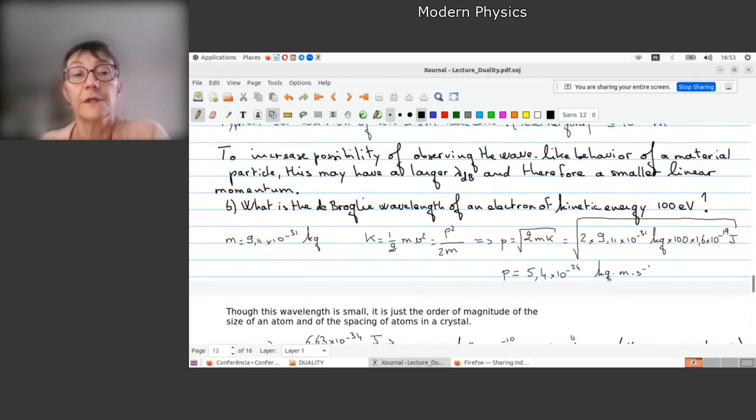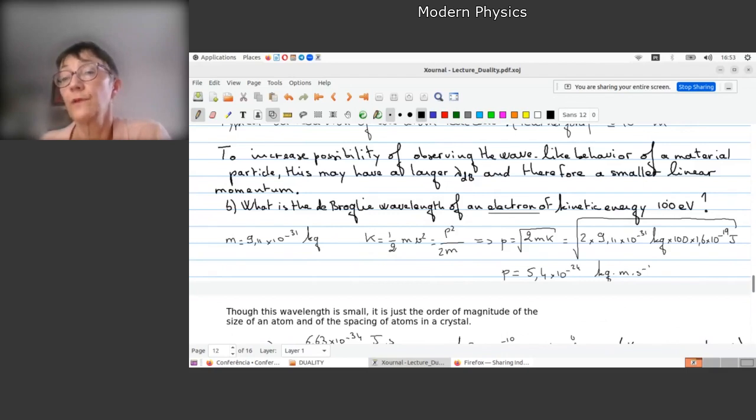So let's calculate the de Broglie wavelength of an electron, which is something we can manipulate, of kinetic energy 100 electron volts. We don't give the velocity here, we give the kinetic energy. This is not that high a kinetic energy, actually.